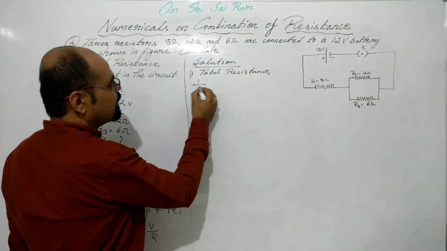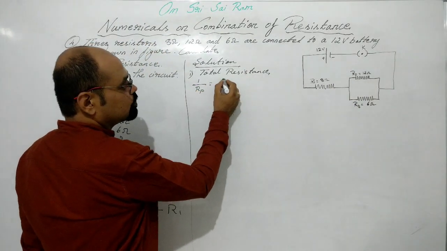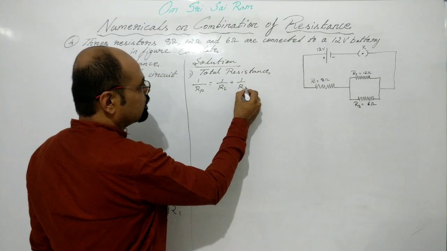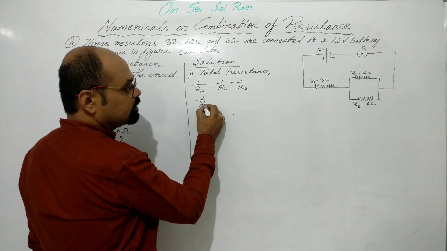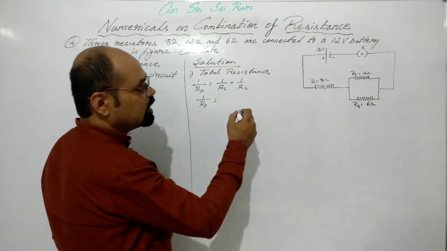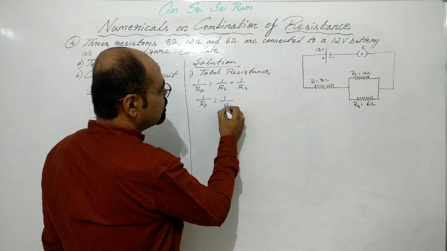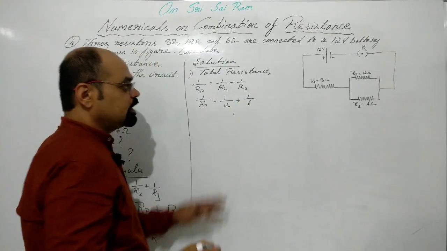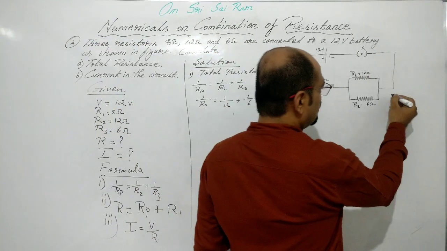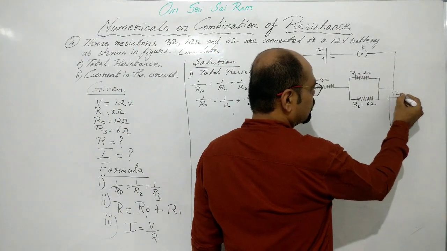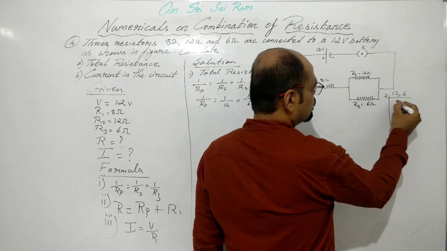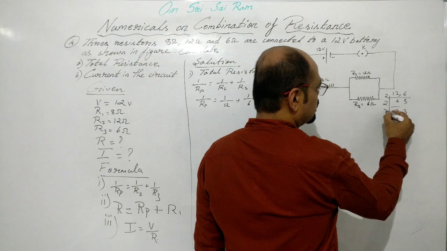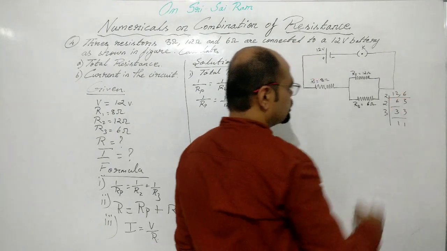So we will be taking 1 by Rp is equal to 1 by R2 plus 1 by R3. 1 by Rp is nothing but, here the value of R2, 1 by 12 plus 1 by 6. Taking the LCM of 12 and 6: 2 sixes are 12, 2 threes are 6, 2 ones are 2, 3 twos are 4.